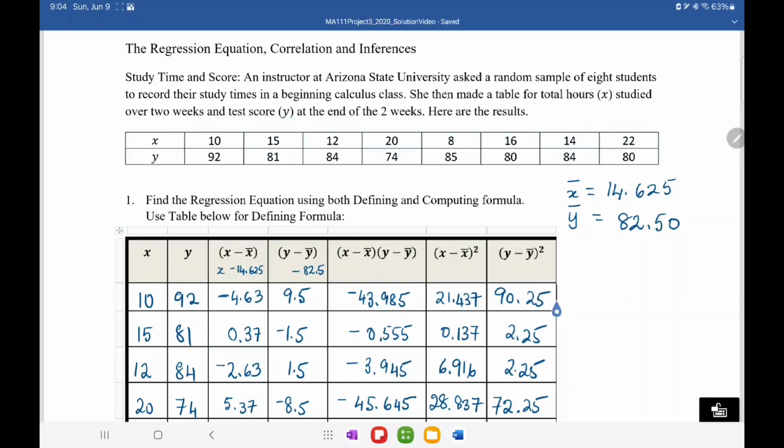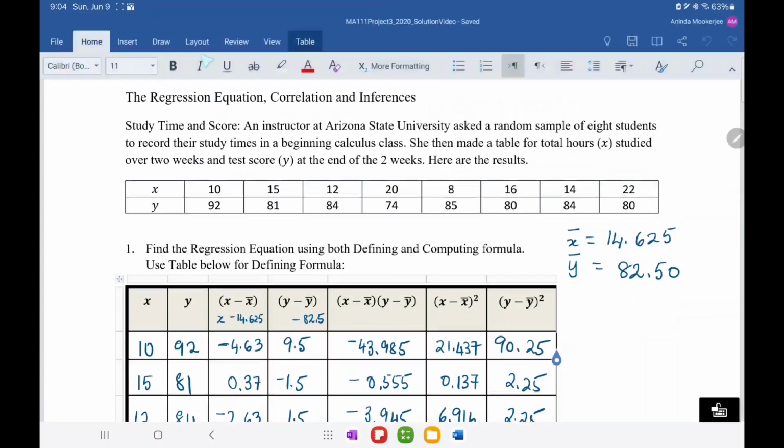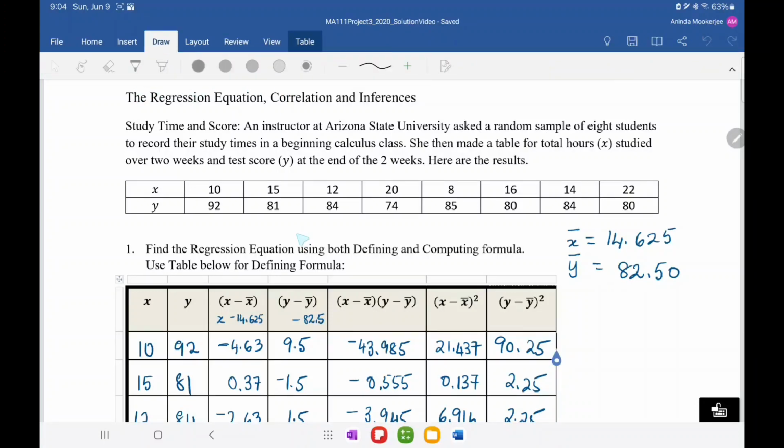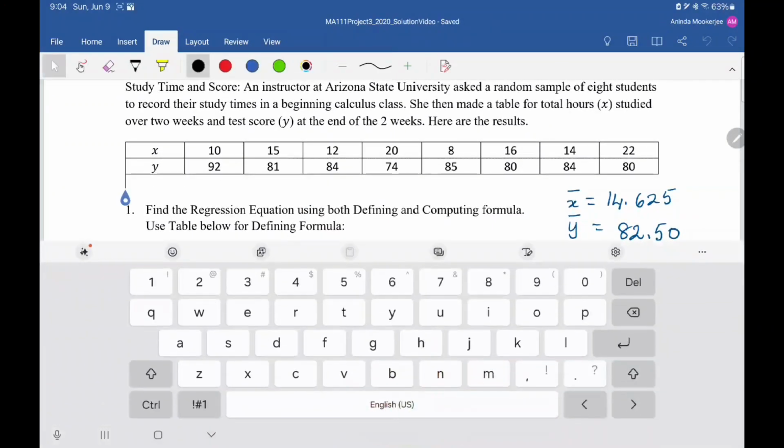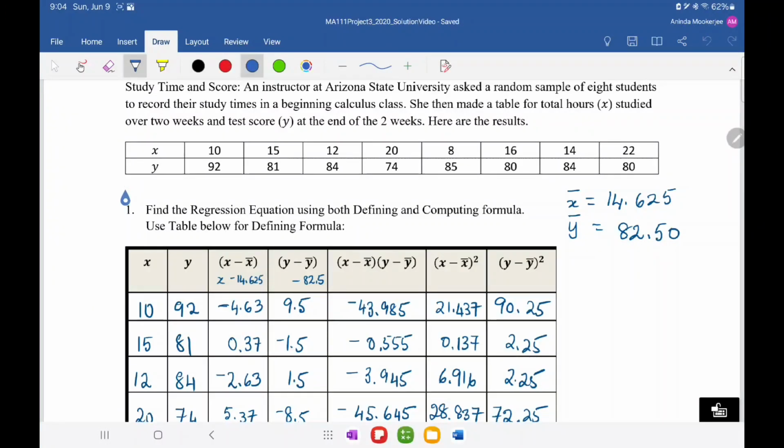So what we've been given here is values for X, which represents hours of study over 2 weeks, right? So hours of study. And Y represents test scores at the end of 2 weeks.